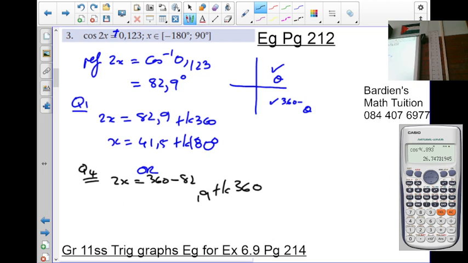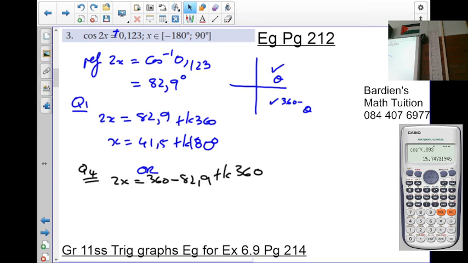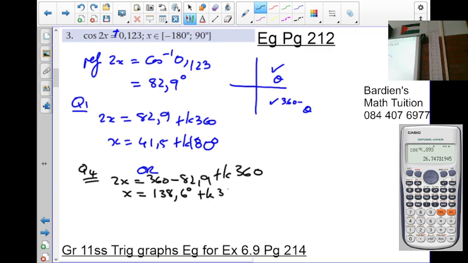So put on the calculator, 360 degrees minus 82.9 divided by 2, that is 100.6 degrees plus k times 180, where k is an element of the integers. Okay.